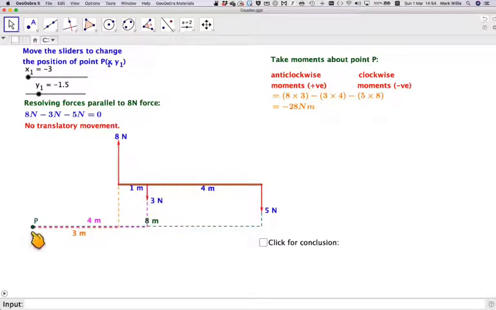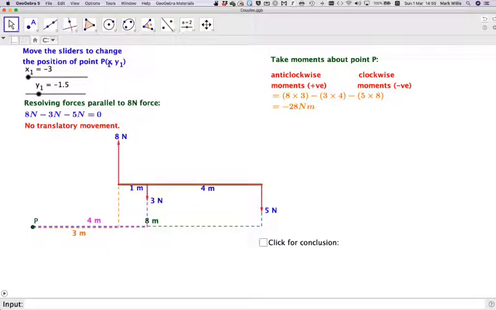So if I put my point P here, and you can move the point P, there's about 4 different cases, and then this force here will be going anti-clockwise, and anti-clockwise moments are positive, so it's 8 times 3, and then going clockwise, so it's negative, so it's going to be 3 times this distance here, which is 4, and then minus also 5 times this distance here, which is 8, which gives an overall moment of minus 20 newton meters, 28 newton meters. Minus means that overall it will move clockwise.